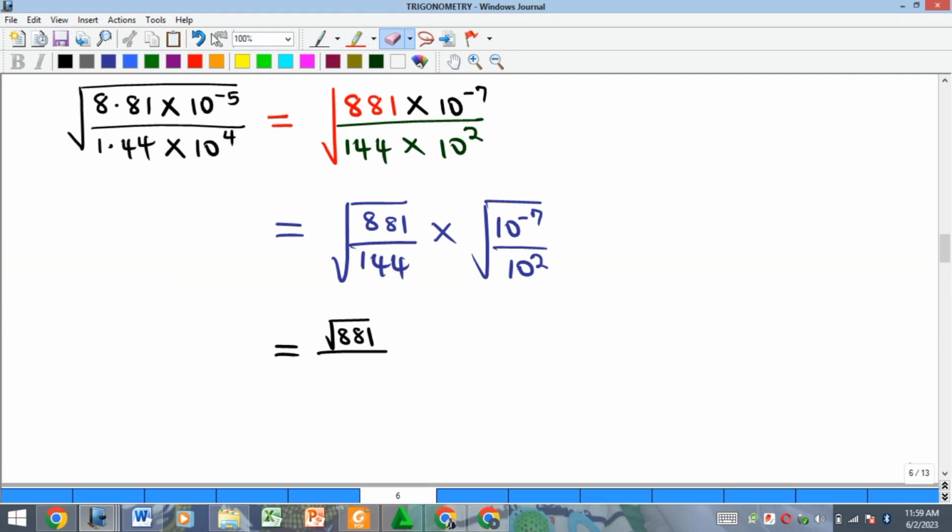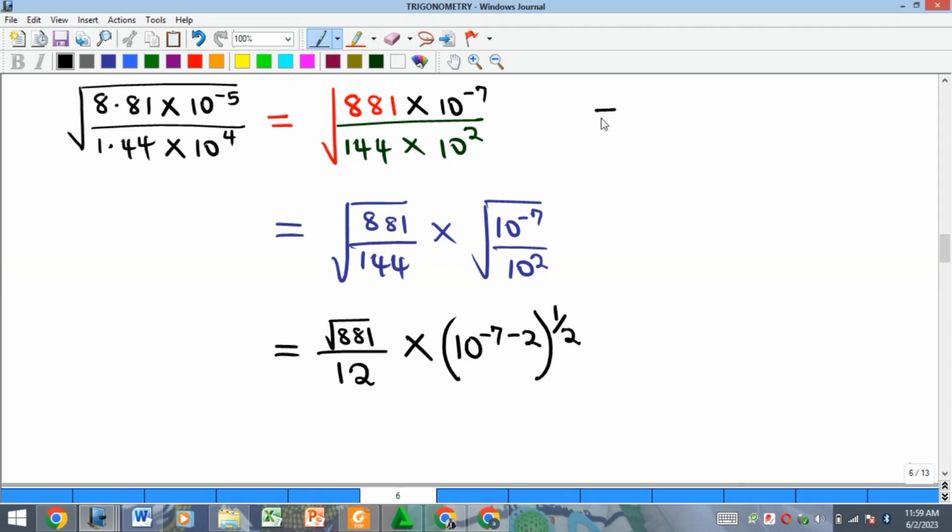From there, if you take the square root of 144, you will have 12, and that will be multiplied by, now let's change the square root to a power. What you have under will now be 10 raised to the power of minus 7. Remember, in indices, division changes to minus, so we'll have minus 2, and that is all raised to the power of half, since the square root changes to the power of half.